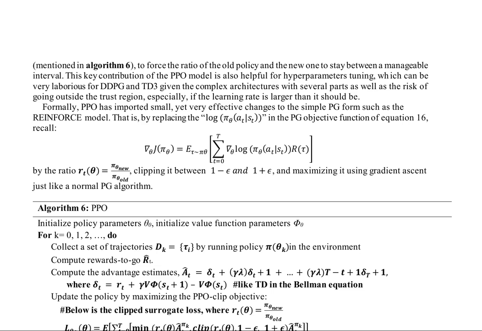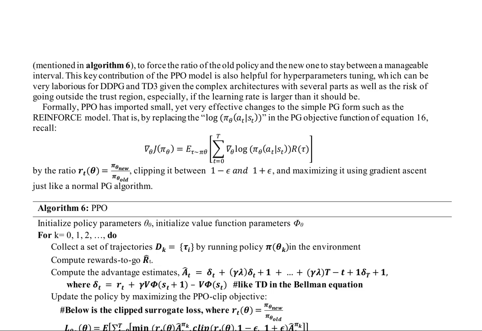The Proximal Policy Optimization (PPO) algorithm is a significant contribution to the reinforcement learning field, introducing a clipping mechanism to the policy gradient objective function. This modification enables more efficient hyperparameter tuning, particularly when dealing with complex architectures and the risk of going outside the trust region.